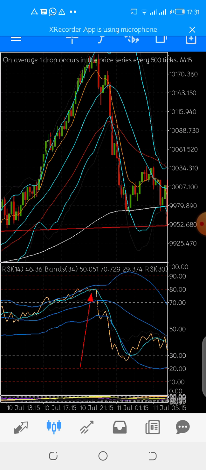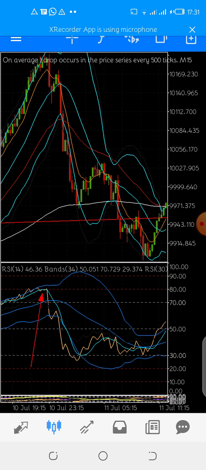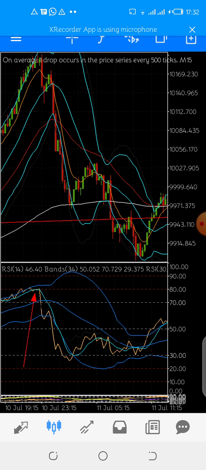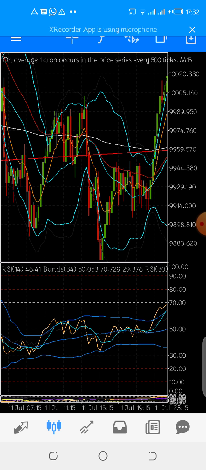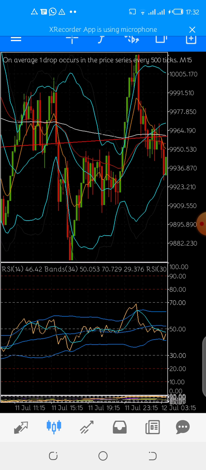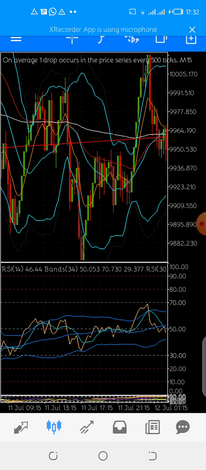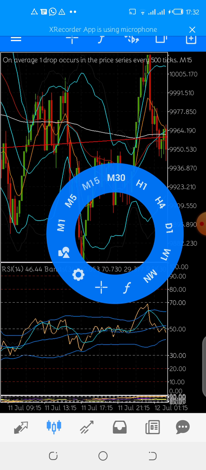Okay, let's look for another setup to see if our judgment, or whatever we use in the market, is right. This is another situation that would have presented itself very well. Let me bring an arrow.